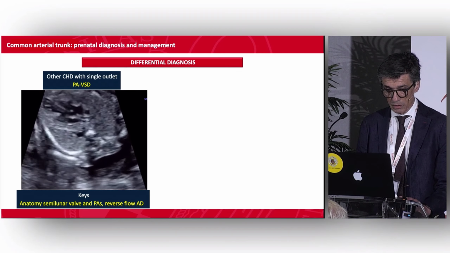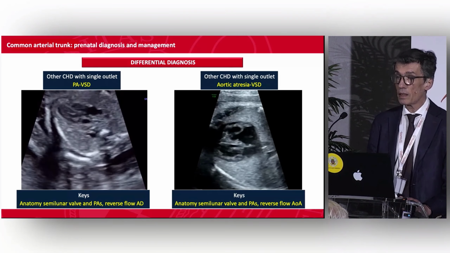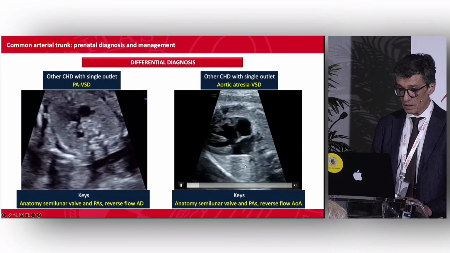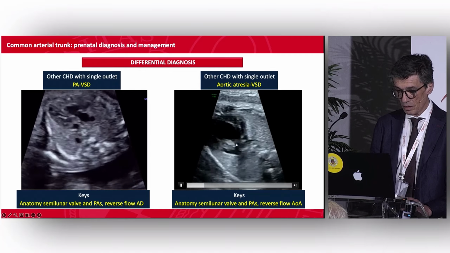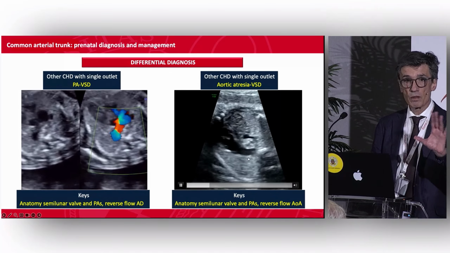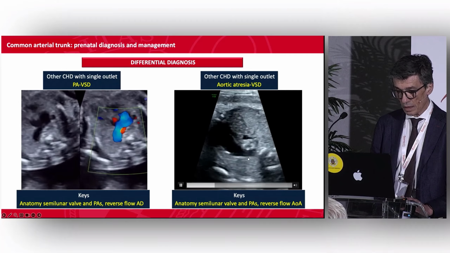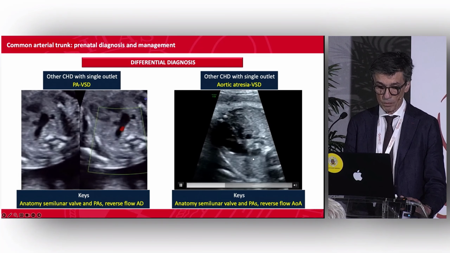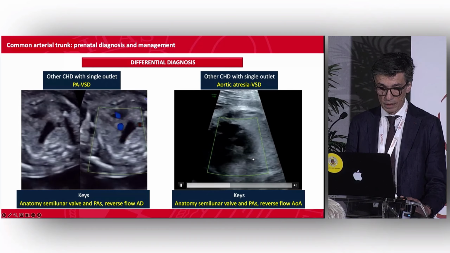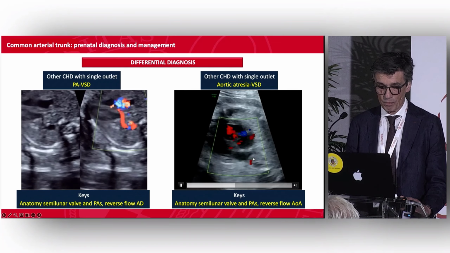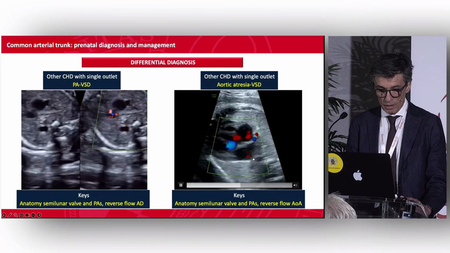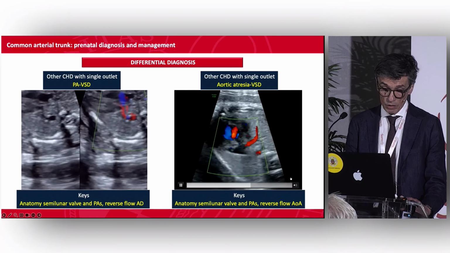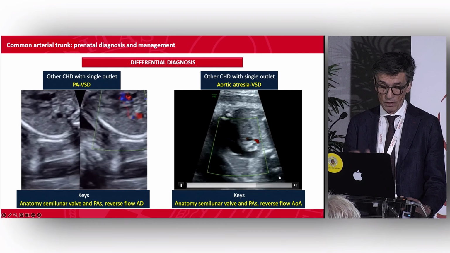And the other condition that should be differentiated from common arterial trunk is aortic atresia with ventricular septal defect. This is a very uncommon condition, but when there is a large septal defect, both ventricles are almost equally sized, and you see only one large vessel arising from the heart, which is the pulmonary artery, because there is aortic atresia, but there is no hypoplastic left ventricle. So in these cases, the diagnosis can be made by looking at the flow in the aortic arch, which will be reversed, coming from the arterial duct.